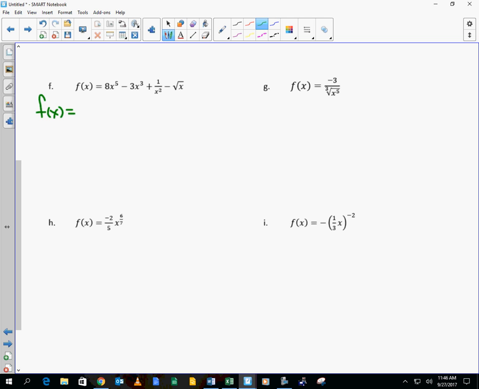I'm just writing f of x, and I'm going to rewrite the expression so that it has a coefficient, and it has a variable, and it has a power. 8x to the fifth, 3x to the third, but instead of 1 over x squared, I'll write plus x to the negative 2. 1 over x squared is x to the negative 2, minus x to the 1 half. So as long as you write it where it has a coefficient, variable, exponent, then you can use the power rule.